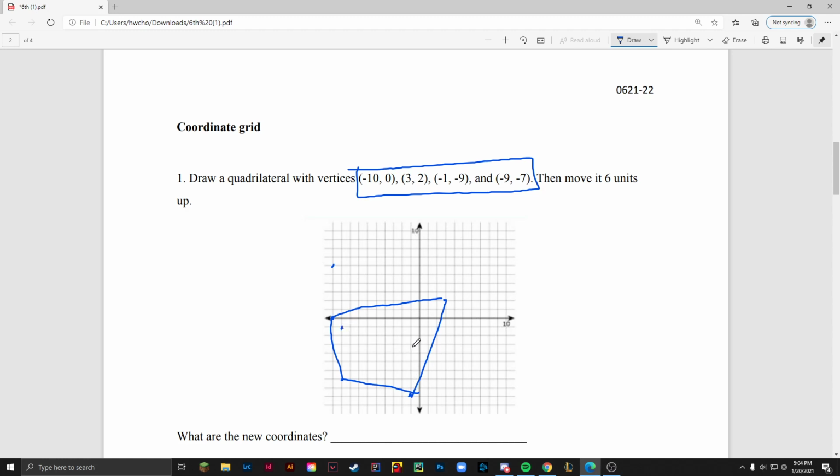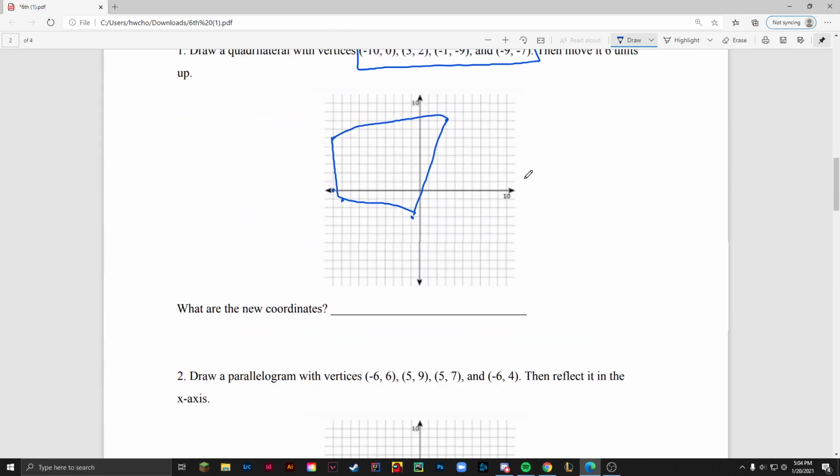Move this 6 units up. And then 2, 4, 6 units up. Alright, so like this, like this, like this, and like this. And that is 6 units up. And now that we get rid of this one, this will be our answer.